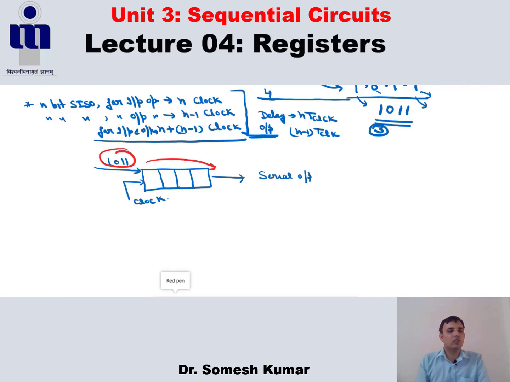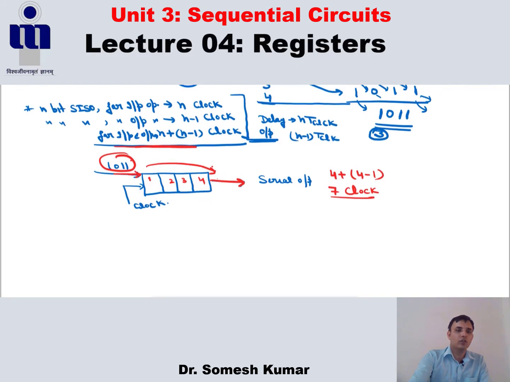Here the input is given serially to the first flip-flop, this is the second flip-flop, this is the third flip-flop, this is the fourth flip-flop, and this is our serial output. For the input and output operation, because it is 4 bits, we need 4 plus 4 minus 1, so a total of 7 clock pulses is needed for propagating this input to the output.